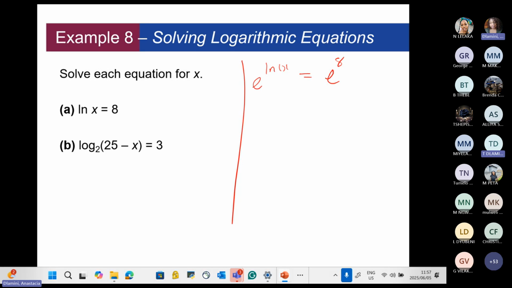Now this is just equal to x. Why? Because e to the power of ln is our property. We know that if the base is the same, then we're left with x. So x is equal to e to the power of 8. I gave you the answer.